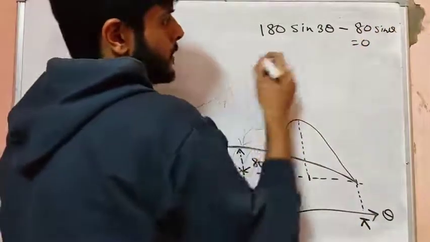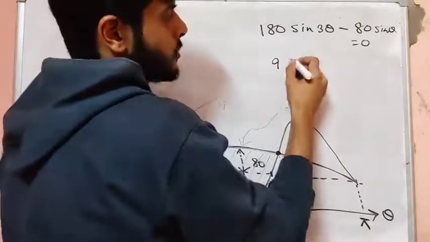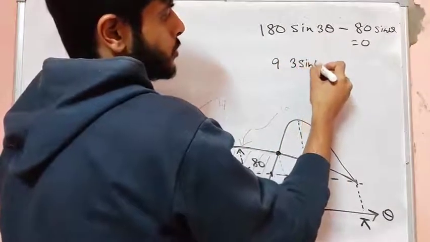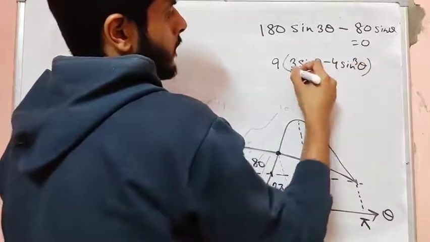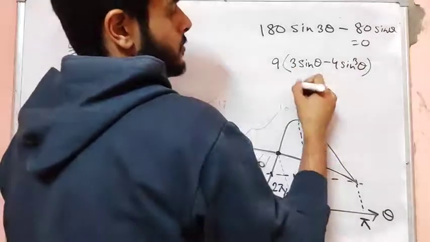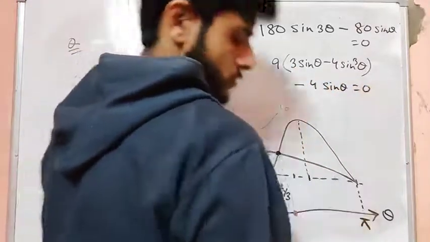Writing sine 3 theta as 3 sine theta minus 4 sine cube theta, we get 180 times that, minus 80 sine theta, equal to 0.